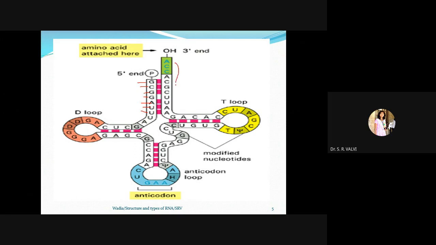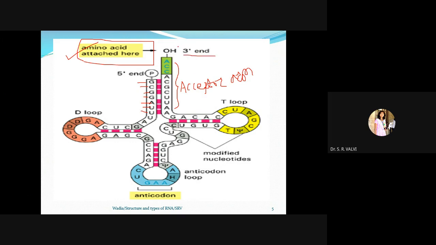This is the acceptor arm, where you can see the particular amino acid is attached. See here, amino acid is attached, and hence this part is called the acceptor arm. This acceptor arm is at the 3' end, where you can observe OH, that is a hydroxyl group, attached to the 3' end.